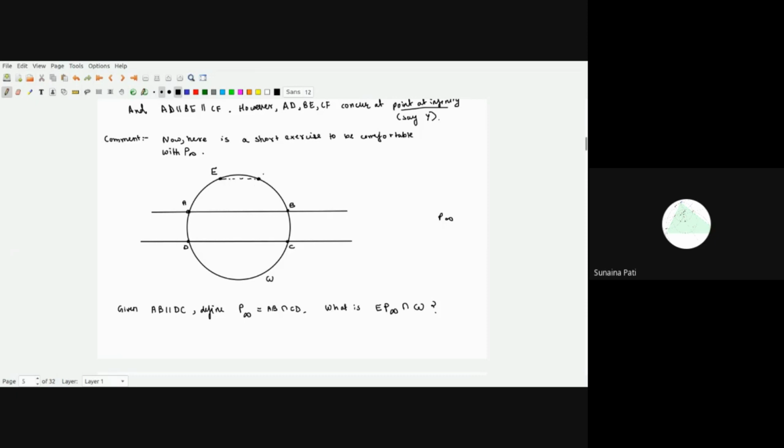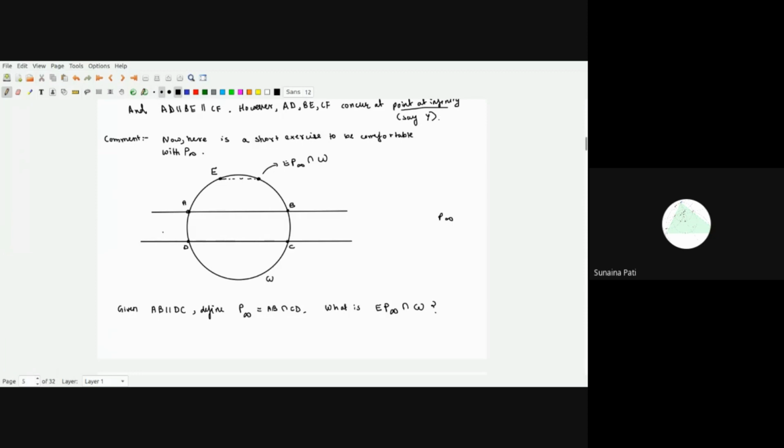And yeah, this is E point at infinity cap omega. Is that fine with everyone? Like why this is E point at infinity cap omega? Everybody? Okay, clear. Yes. Yeah, cool.